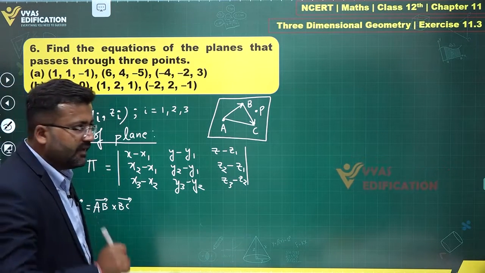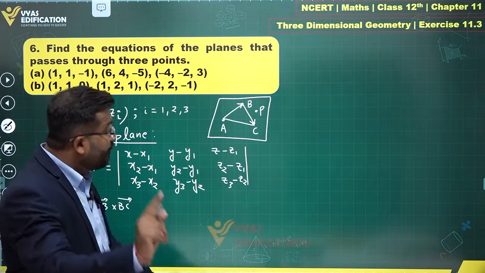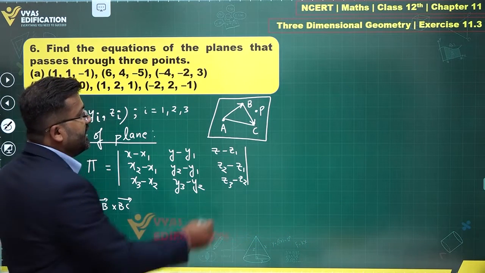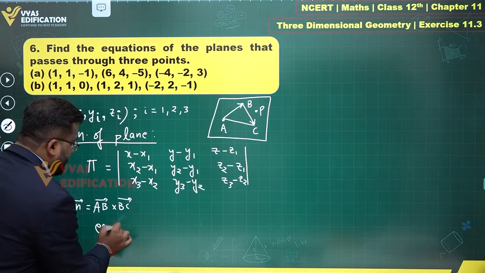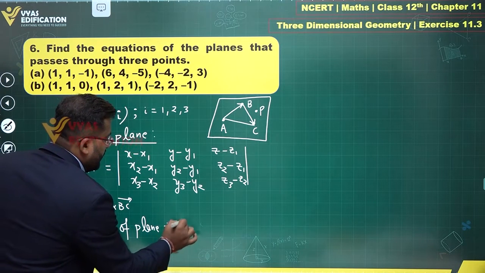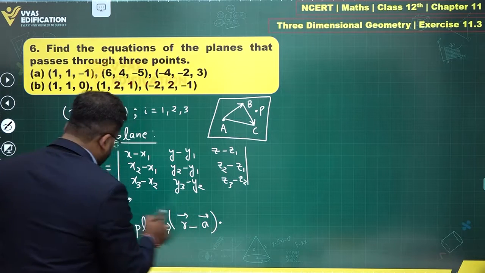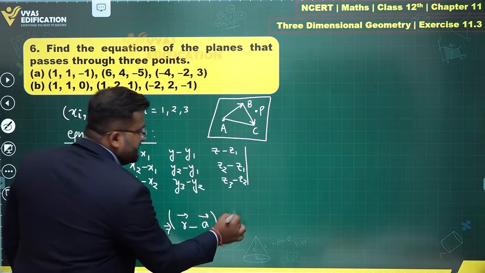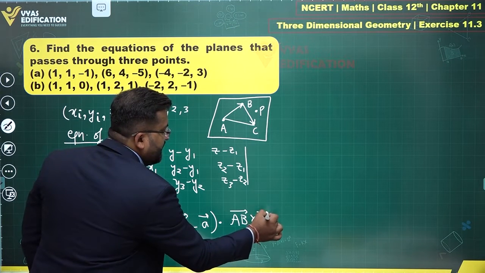That's one thing. Okay. And if I know the n vector and I know another point on the plane, let's call this A point. Okay. So the equation of plane will be R vector minus A vector dot product with AB vector cross BC vector, which is the n vector, right?